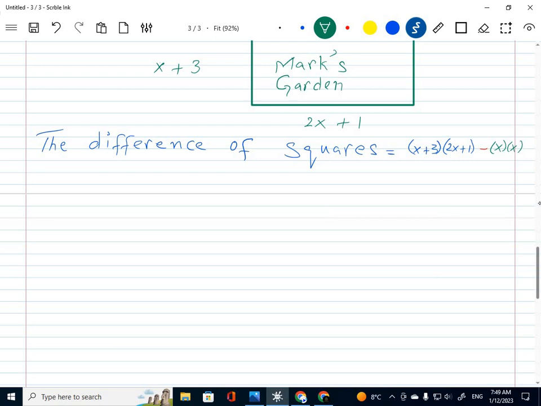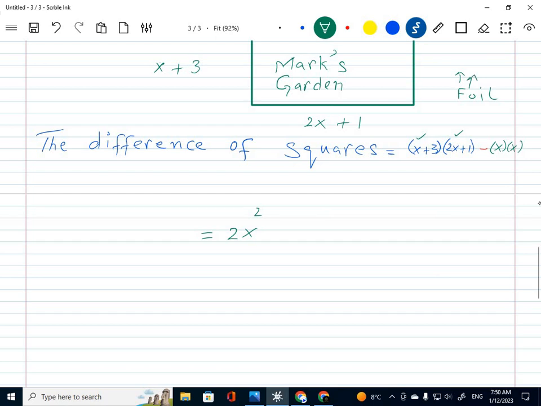Let's see what we can do here. Here we can use the FOIL method to multiply these two terms. F is for first terms. So the first term is x and the first term is 2x. Multiplying these two terms, we get 2x squared.